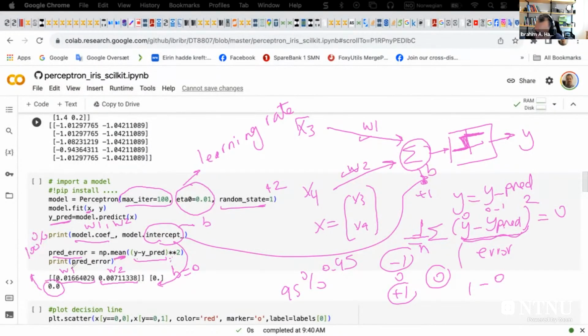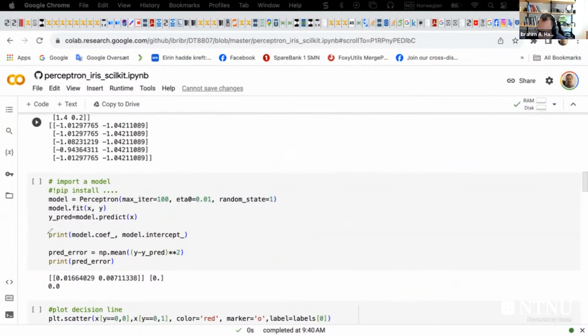After doing this, we have omega 1 and omega 2, and this is my model. Now we need to plot my decision line. If we need to plot the decision line, we need to go down.